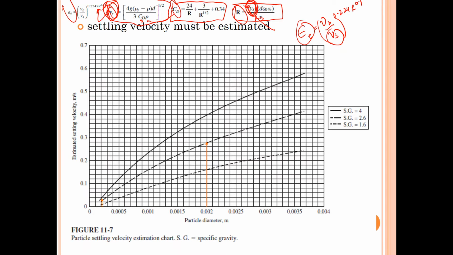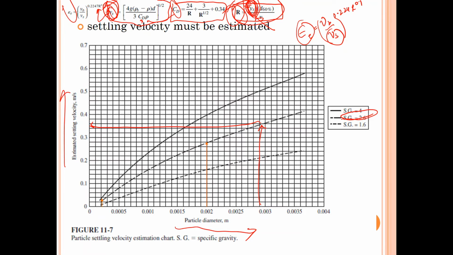So we will first use the particle velocity to find this Reynolds number using this graph. In the x-axis here you see particle diameter, and in the y-axis you see estimated settling velocity. So if you know the particle diameter, which has a certain specific gravity, we can find the settling velocity. And we can use our number and then we go backward.